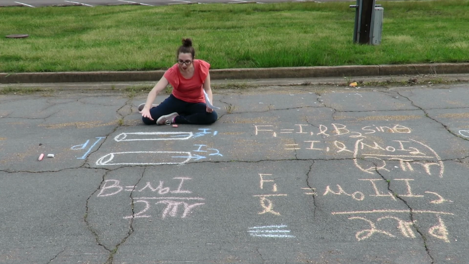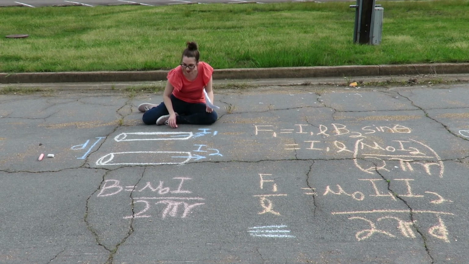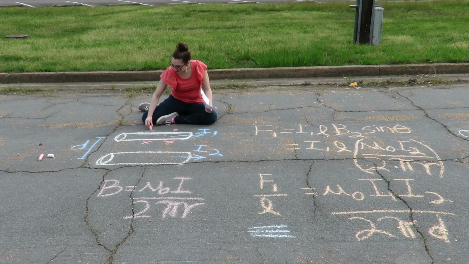If I take my right-hand thumb and point it in the direction of the current here, my fingers point into the ground on this side, so that's going to be an X here. Then when they curl back around, they're going to be coming out of the ground toward me on this side.